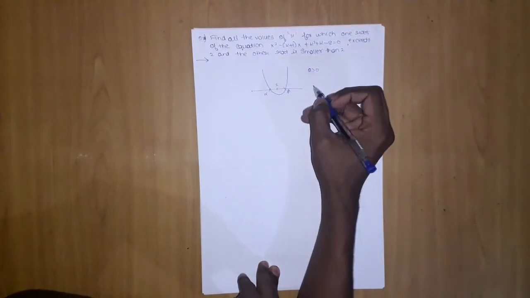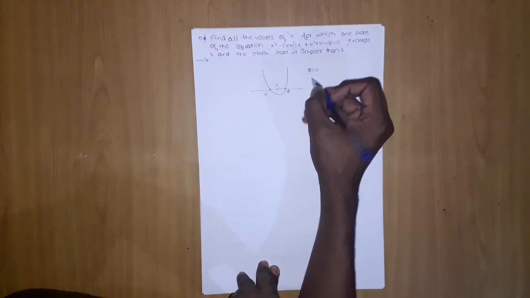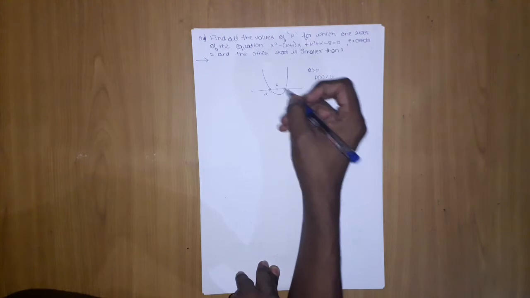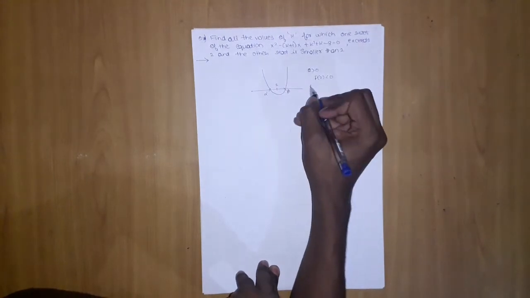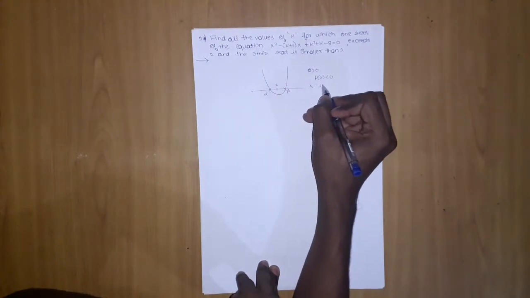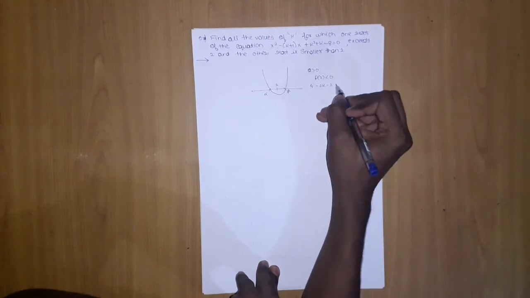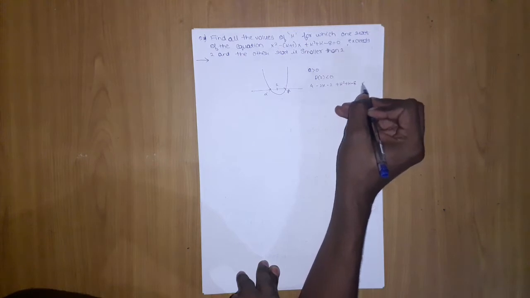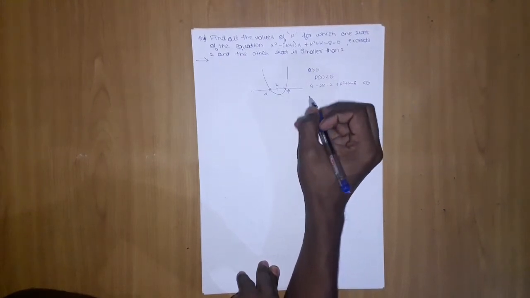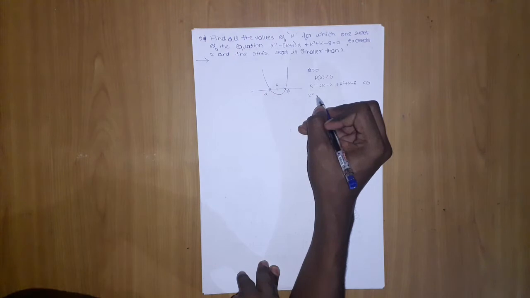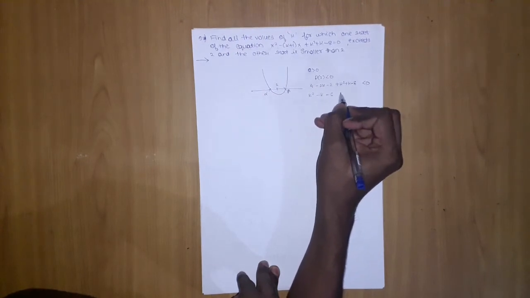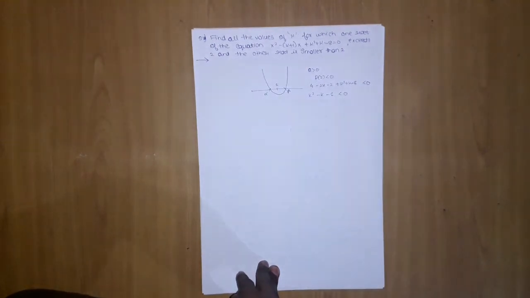So what are the conditions for such things in location of roots? It is f of 2 less than 0. So we will put x equals to 2: 4 minus 2(k plus 1) plus k square plus k minus 8 should be less than 0, which will give us k square minus k minus 6 should be less than 0.